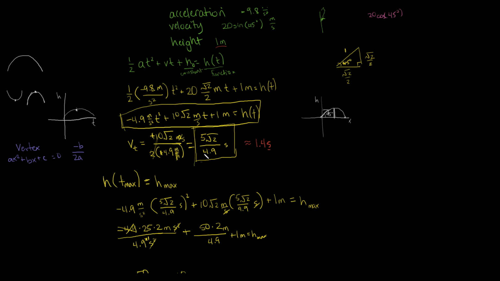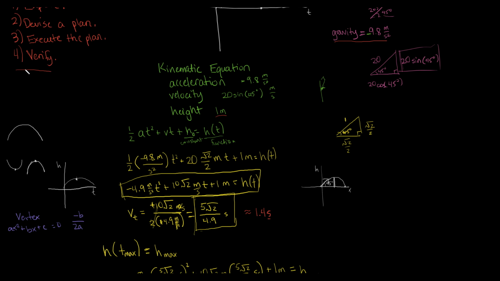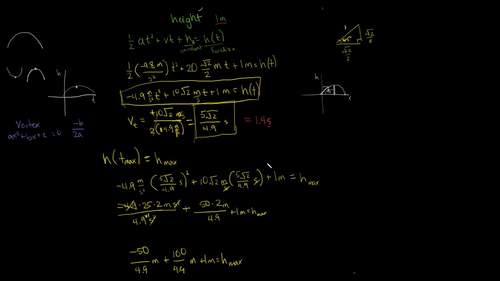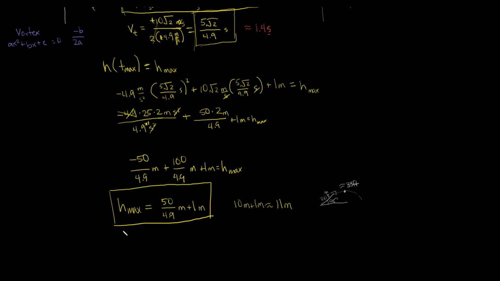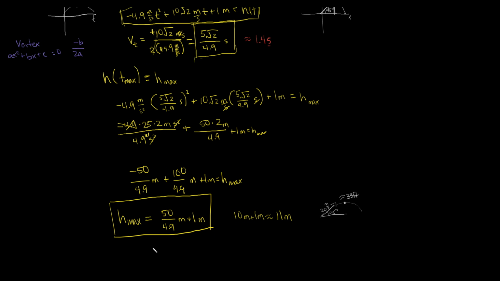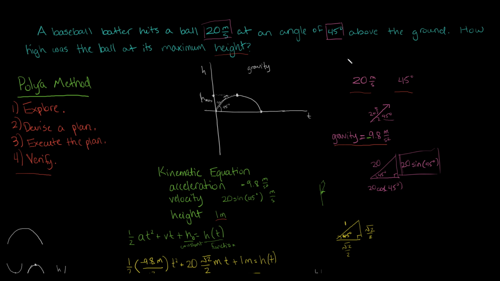This is just the maximum time, the time when our maximum height will happen. And it's good that we performed step 4, verification and reflection. We thought about our answer, and intuitively it made no sense. Not only was it way too low, but it also had the wrong unit. So we plugged our maximum time into our function, and we found our maximum height. And that right there is one application of the Polya method to a math problem.